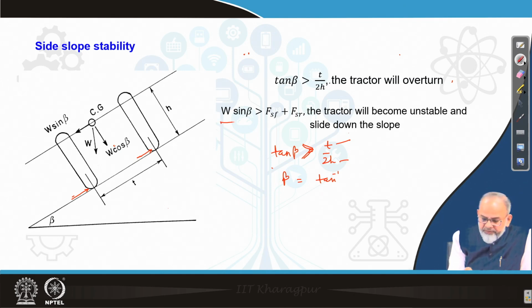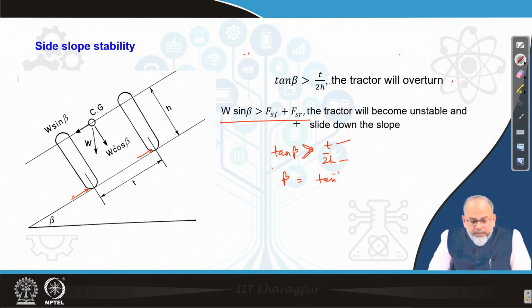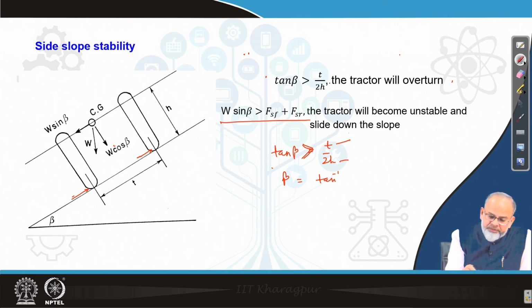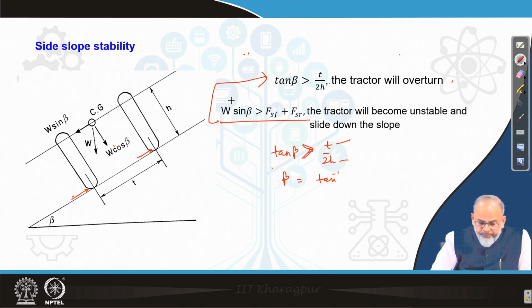So, if W sin beta is greater than F_SF plus F_SR, then the tractor will become unstable and it will slide down the slope. So, these are the two conditions which are to be verified when the tractor is moving across a slope.